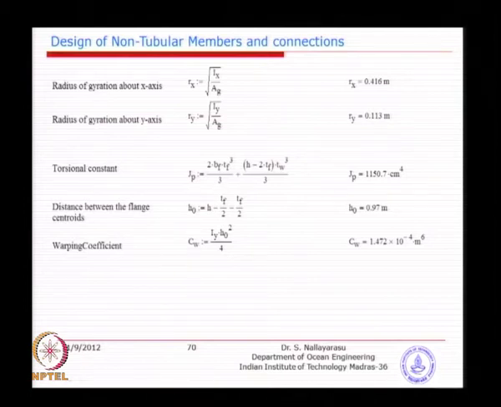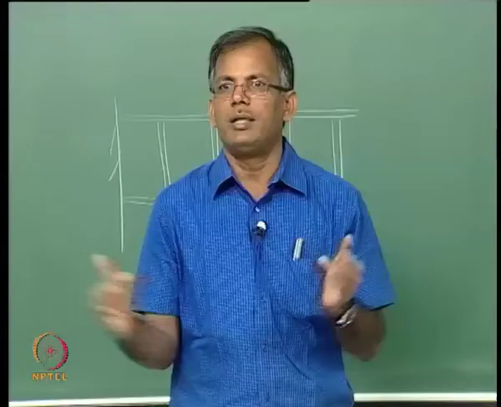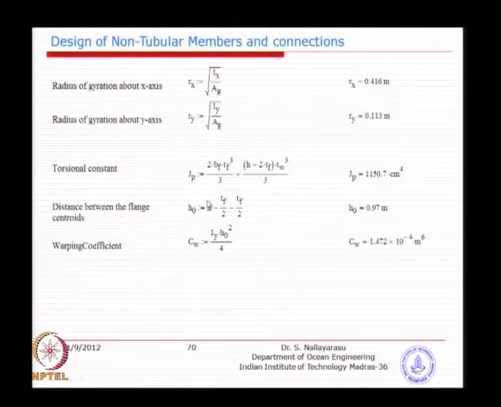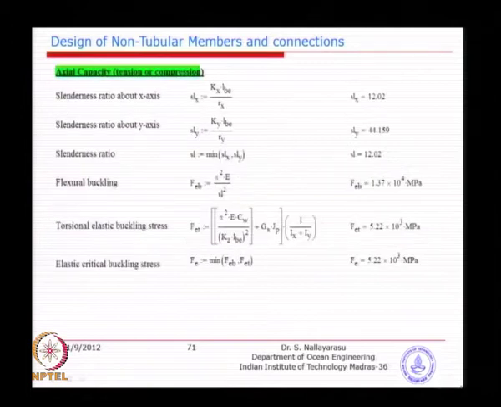Suppose you have 2 flanges and 1 web. So, you see here how we have done it: the torsional constant is basically B T cubed by 3 for the flanges, plus for the web H T web cubed by 3, and cumulatively add, that will give you the torsional constant and the distance between. So, all these are geometric parameters.